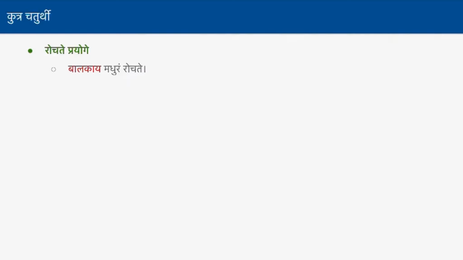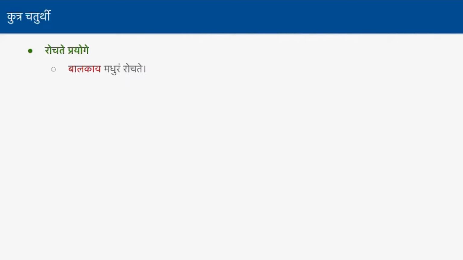They are called parasmaipada kriyapadams. There are certain kriyapadams that end with te, for example rochate, vardhate, vartate, spardhate, and so on. Whatever ends with te is an atmanepada kriyapadam, and they have different forms like patati, patataha, patanti. Similarly rochate, rochete, rochante, and it goes on.